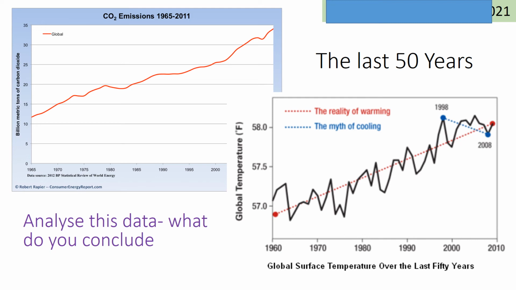However, in 2010, the CO2 emissions are 34 billion metric tons of carbon dioxide, and the global surface temperature is now 58 degrees Celsius. Fahrenheit, sorry, this is an American. Then say the average trend is that as carbon emissions are rising, global temperature on average is rising as well.